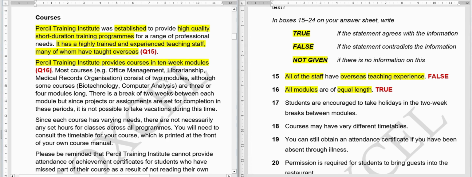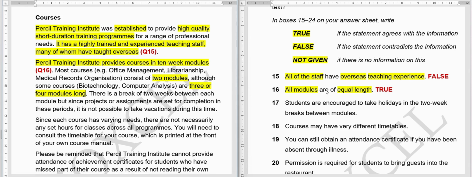That's the fixed length. So they are asking whether the length is the same. They are not asking about the division of each module. Because of these distractor words, 2 modules, 3 or 4 modules long, many of you will think, okay, two modules, 3 or 4 modules, so the length is not the same.